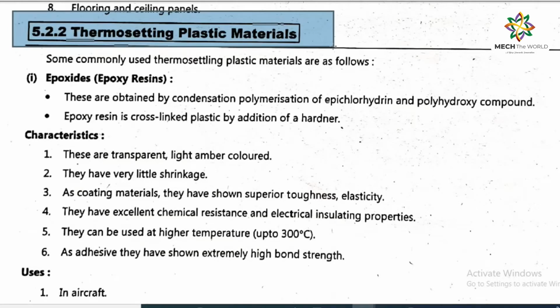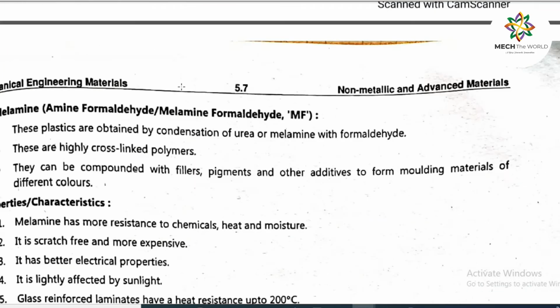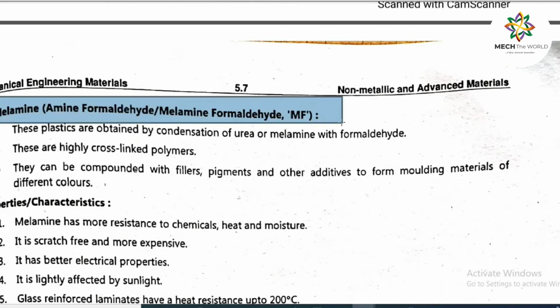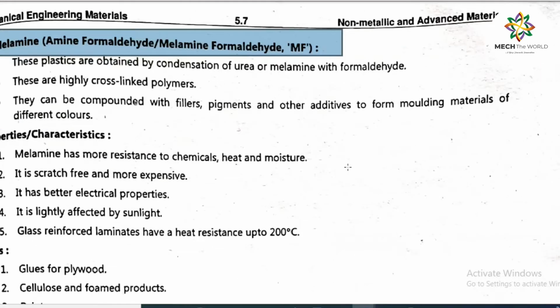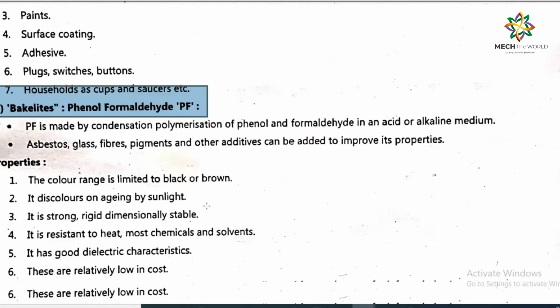So thermosetting plastics are those plastics which can resist high temperature and which cannot be recycled. In the thermosetting plastics we are going to discuss the epoxides, which is also known as epoxy resins, then melamine, which is also known as amine formaldehyde or melamine formaldehyde or MF, and bakelite, which is also known as phenol formaldehyde or PF.